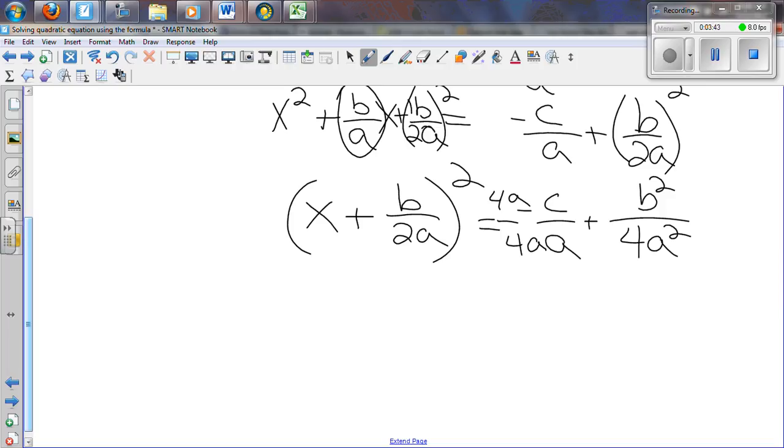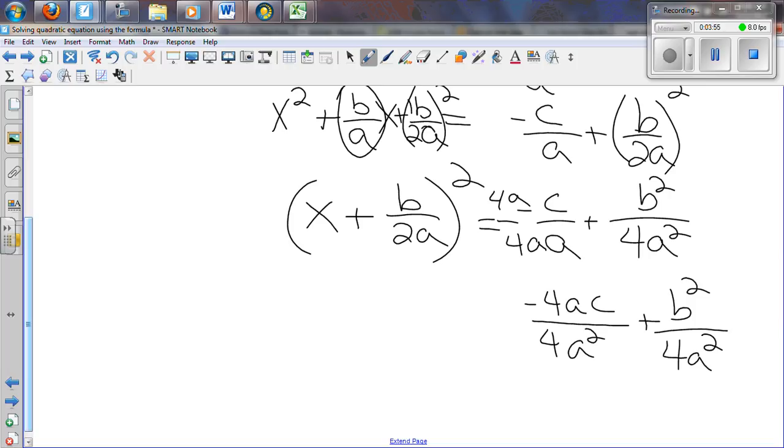So then what I have is negative 4ac all over 4a squared plus b squared over 4a squared. Now you notice I have a common denominator, and this is still equal to x plus b over 2a squared.